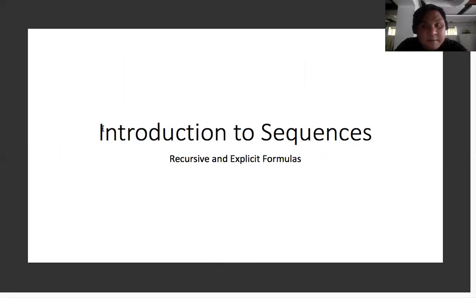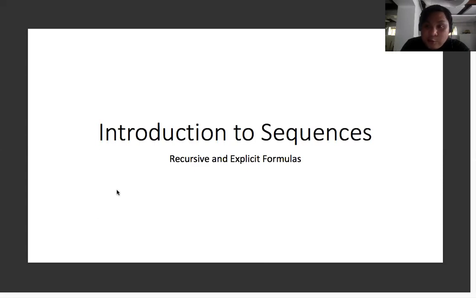Actually, from the previous set of activities that I gave you, I did notice some of you providing me formulas for defining the pattern of a particular sequence using recursive formulas. I expect you guys to give me explicit formulas, but some of you do give me recursive formulas. So this week, we're actually going to differentiate between the two.